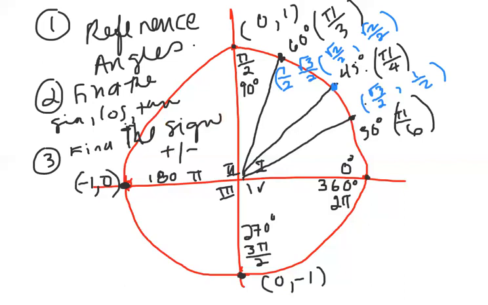So essentially, that's it, guys. Find your reference angle so you can relate it back to the first quadrant. Find the sine, cosine, tangent. And then once you figure out the sine, cosine, tangent using the reference angle from the first quadrant, determine the sign. Is it positive? Is it negative? And guys, that's the extent of this.